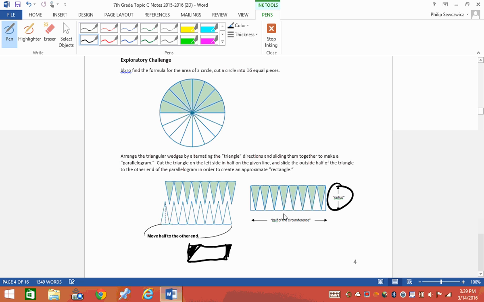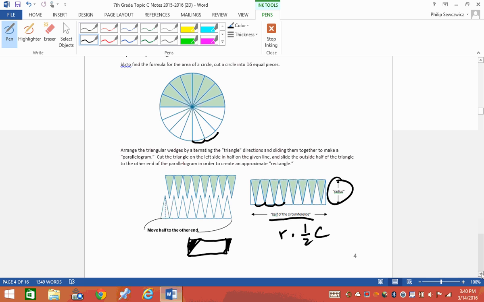All these bendy lines, because again it's the portion of the circle, are half of the circumference. So to find the area of this shape, we would take the radius and multiply it by half of the circumference.